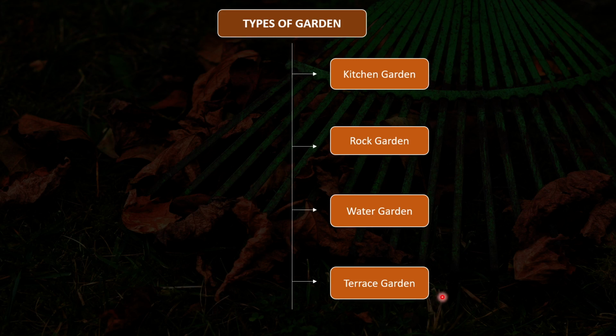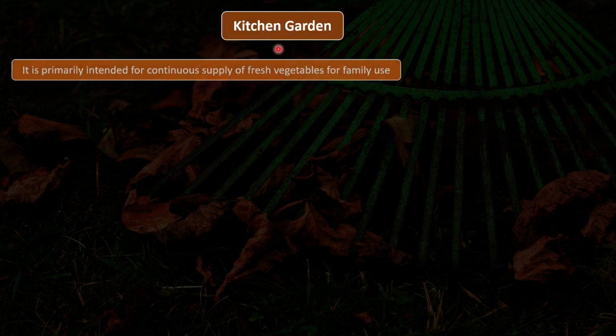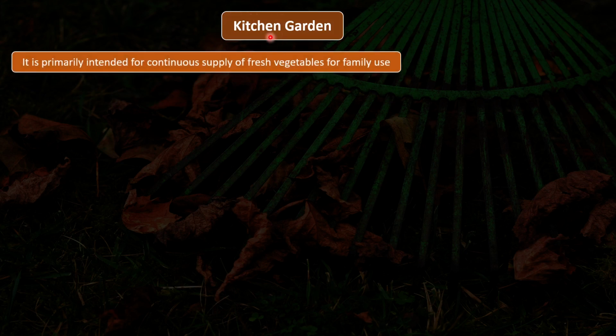So we will start first of all with kitchen garden, and then we will follow up with the other types of garden. So first of all, let us understand about kitchen garden. I think by the name itself you can understand that it is a garden which is used to grow vegetables that become useful in daily kitchen activities, right? So it is primarily intended for a continuous supply of fresh vegetables for family use.